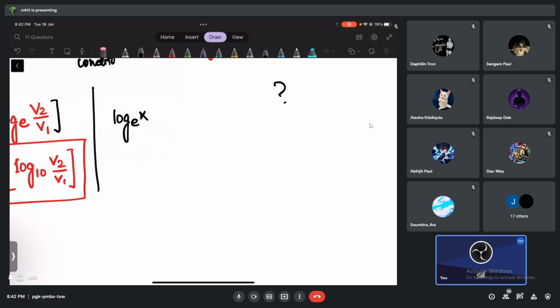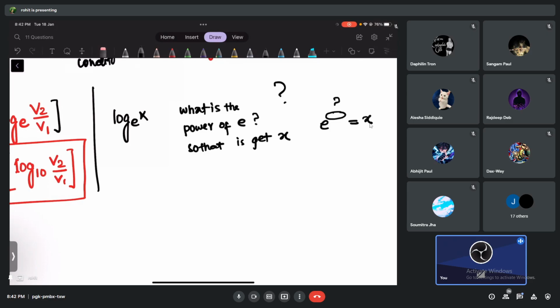That means I'm asking you, what is the power of e so that I get x? E to some power, I get equal to x. I'm asking you what this power is, and that is the meaning of writing this. Writing this means I'm asking you what is the power of e, so that when I give that power to e, I get equal to how much?